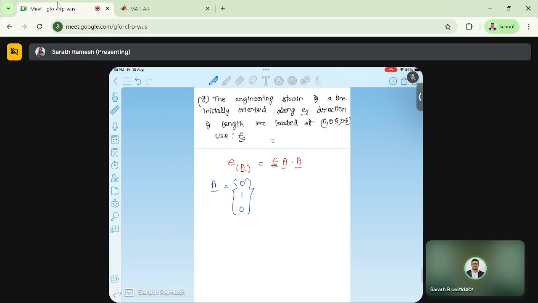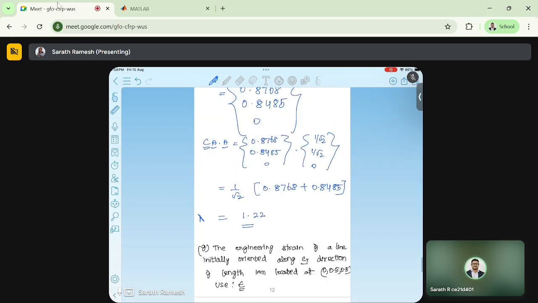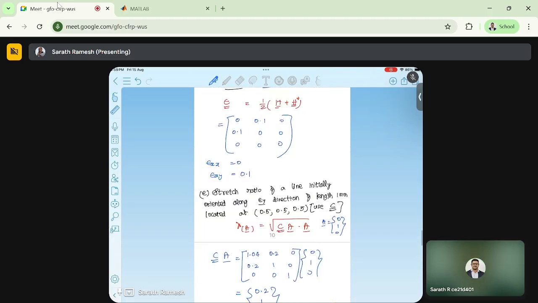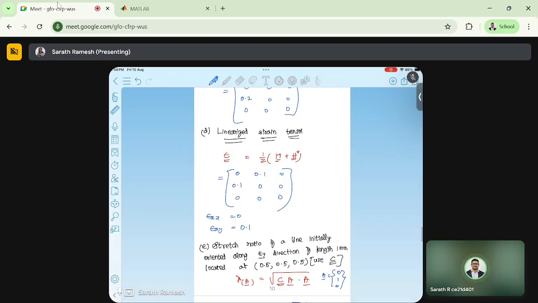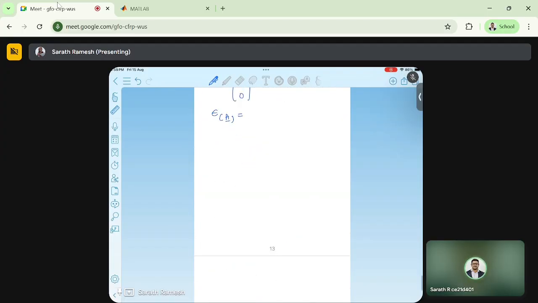Fine. So when we go back and substitute, this will become epsilon of A is equal to, what is the epsilon tensor? 0, 0.1. Only two components are non-zero.